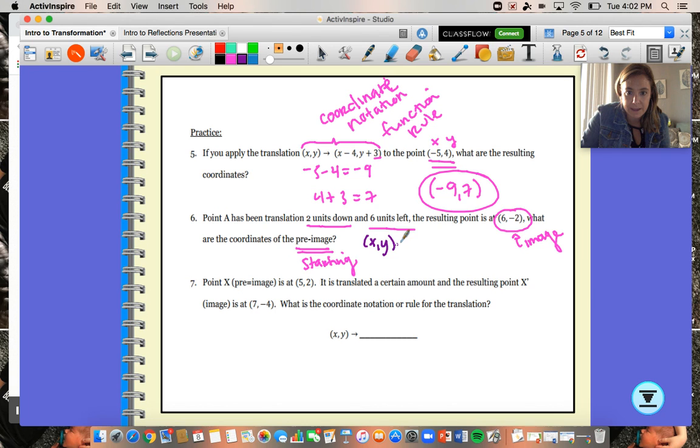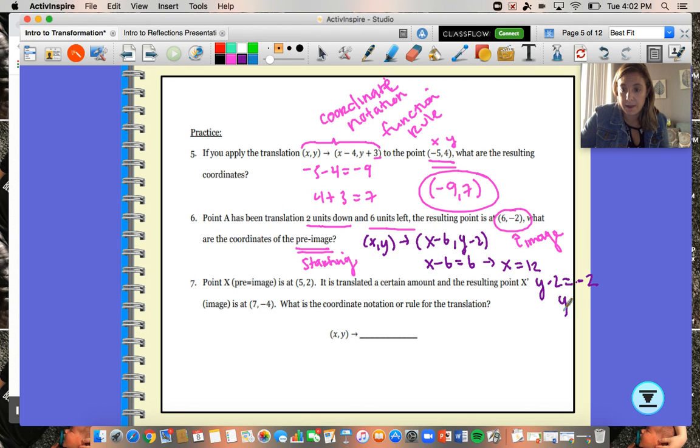We started with x, y, and it became x minus 6, y minus 2. So when we did x minus 6, we got 6. So that means that x must be 12. Right? And when we did y minus 2, because we know the result here, we got -2.